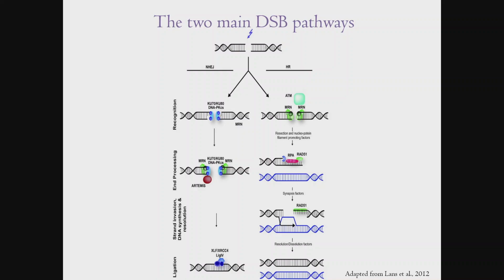This is the definition. Now, in the aging field, the most accepted theory of why we age is that we accumulate DNA damage, and the DNA damage signaling will start causing epigenetic drift, loss of proteostasis. Mitochondrial damage can also be generated by DNA damage to mitochondrial DNA.